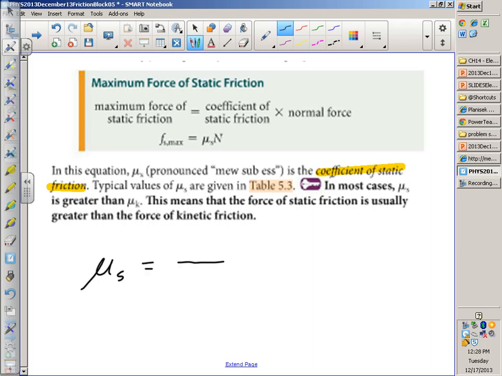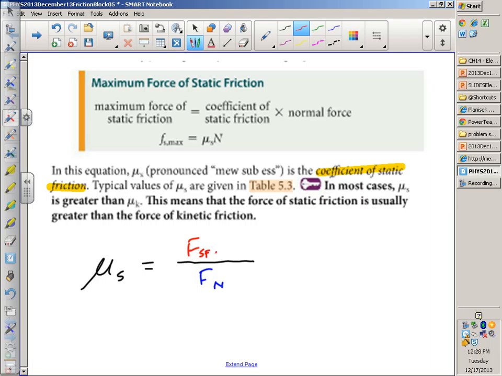It's still a relationship between two forces. Normal force still goes on the bottom, but now what force do you think is going to go on the top? Static friction, so FSF, right? But specifically, which static friction value do we want? Max.